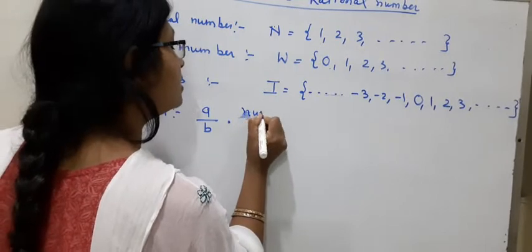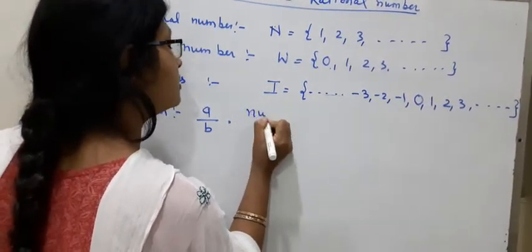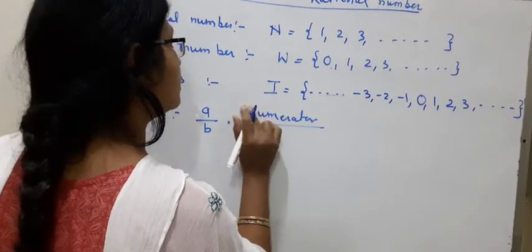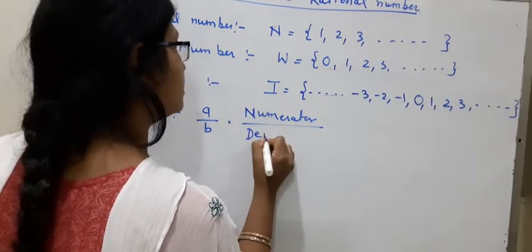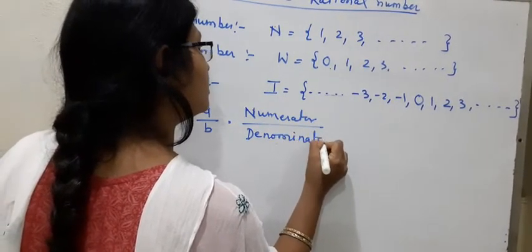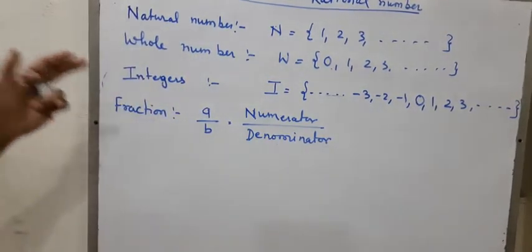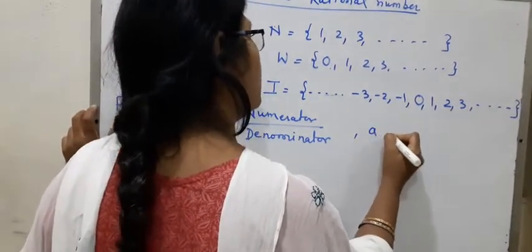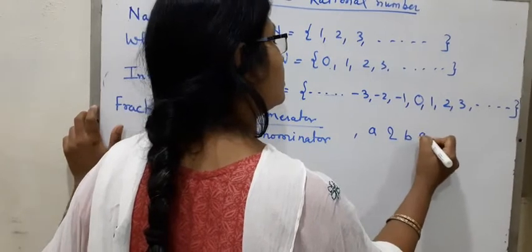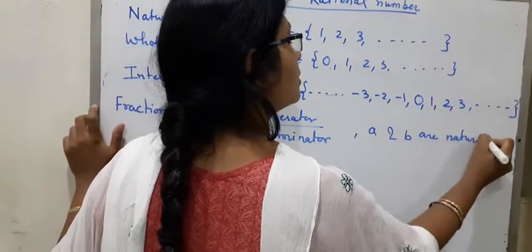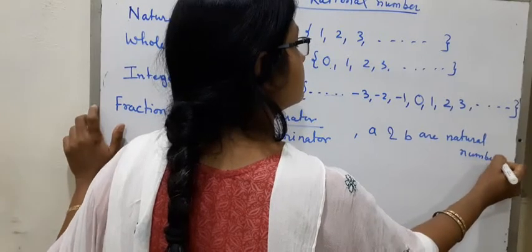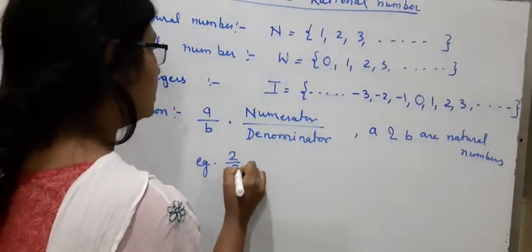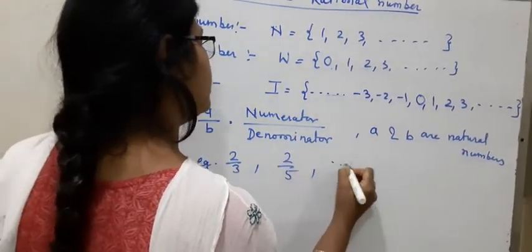This is the numerator and this is the denominator. And a and b are natural numbers. Example: 2 by 3, 2 by 5 and so on.